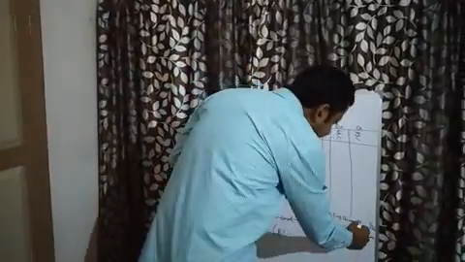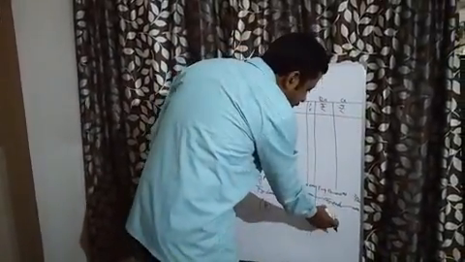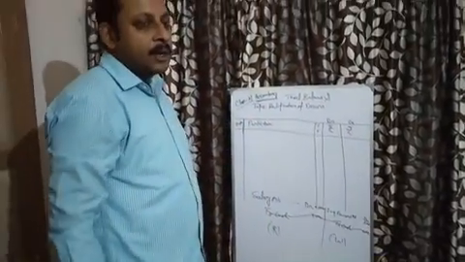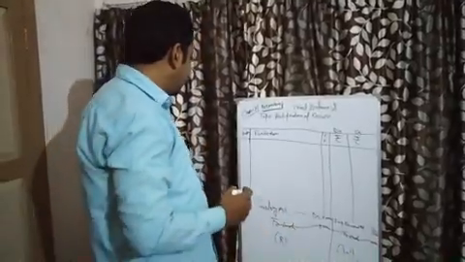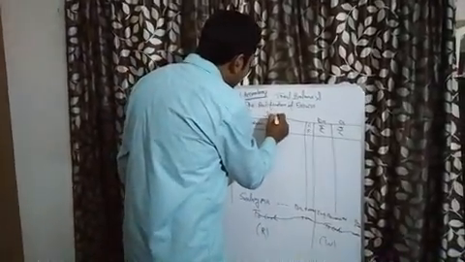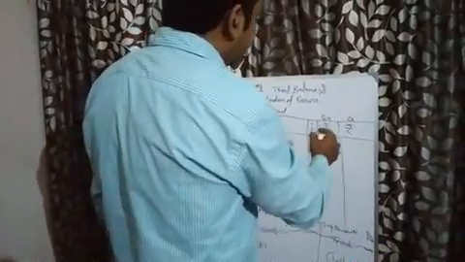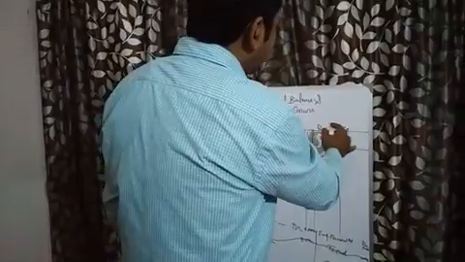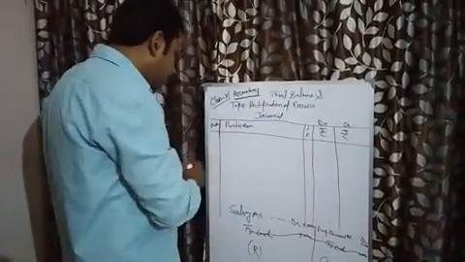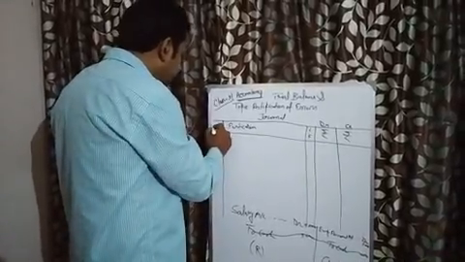We cannot cut this and write that this entry is wrong. You make another journal for that. You know the journal format: date, particulars, ledger folio, rupees, debit and credit. As there is no date, you can write a serial number.